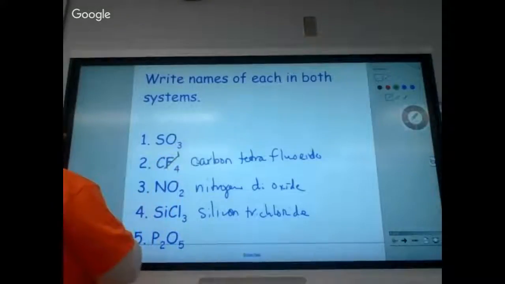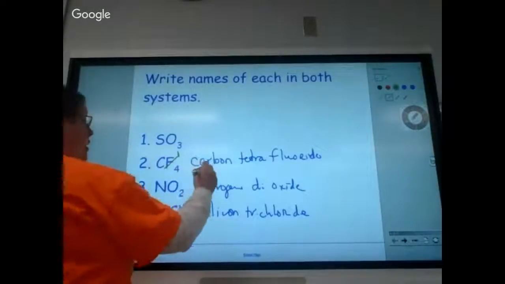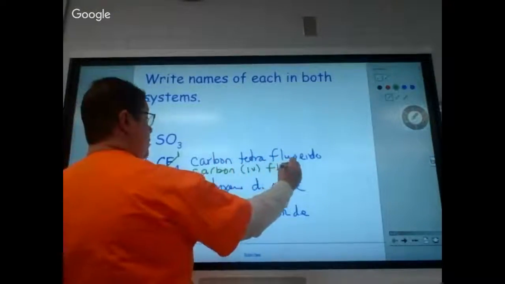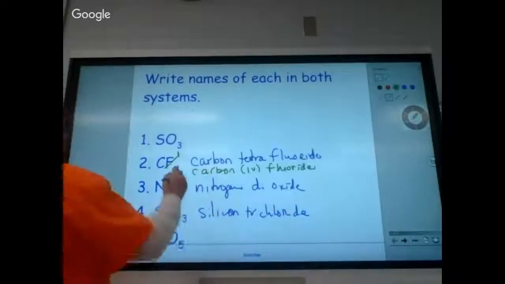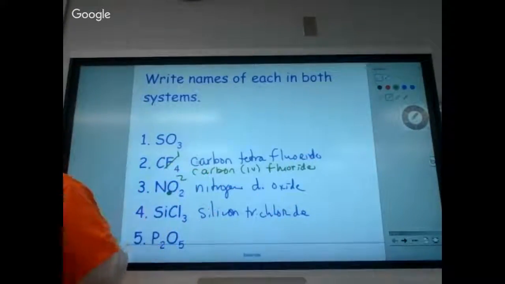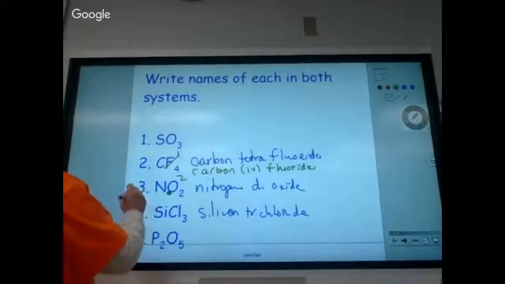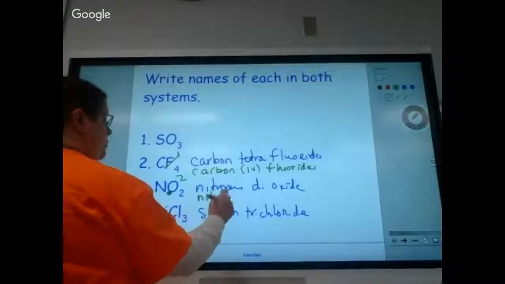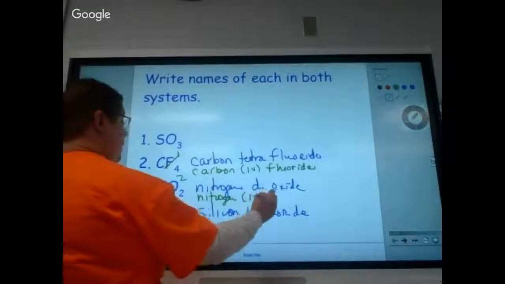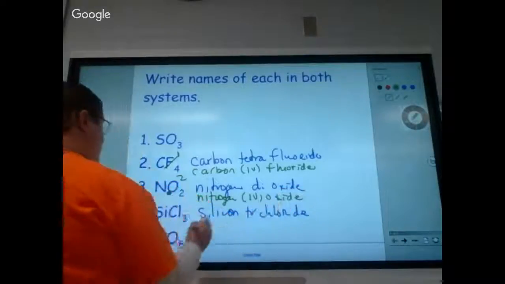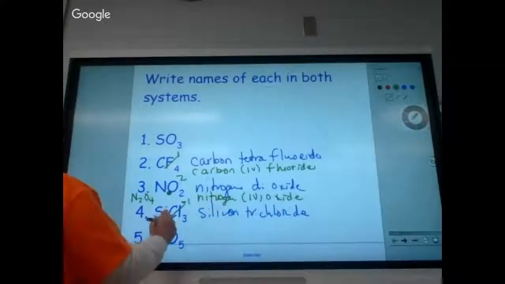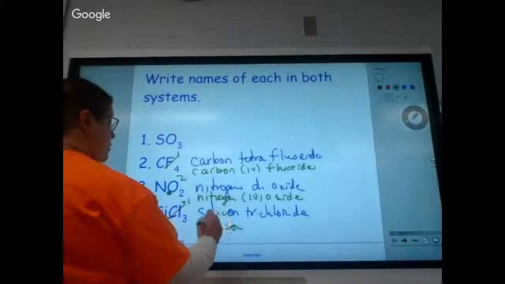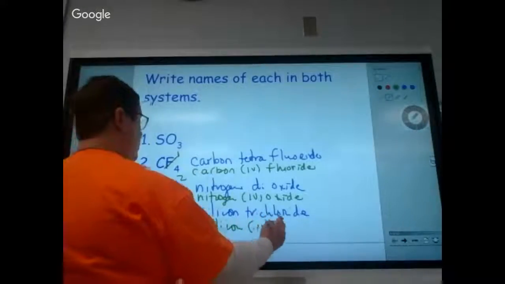It was not reduced. So carbon, Roman number 4, fluoride. Had a 2. It was reduced. So it used to be N2O4. So nitrogen, Roman number 4, oxide. Add a -1. Was it reduced? No. Silicon, Roman number 3, chloride.